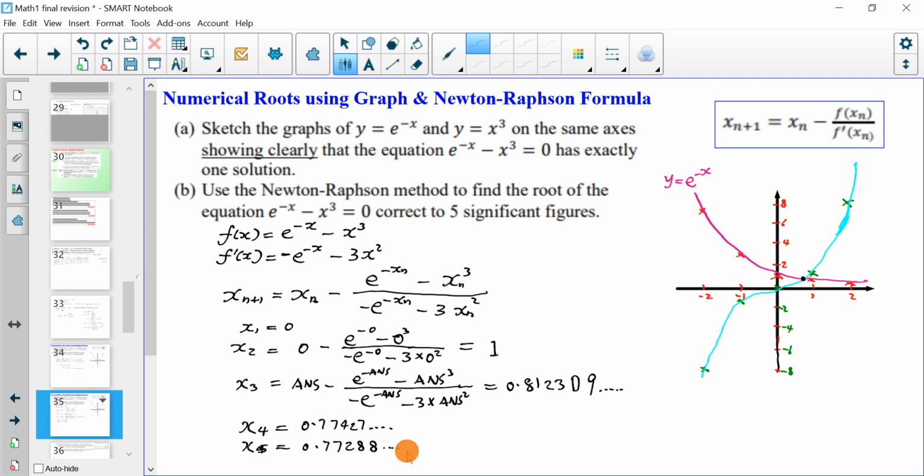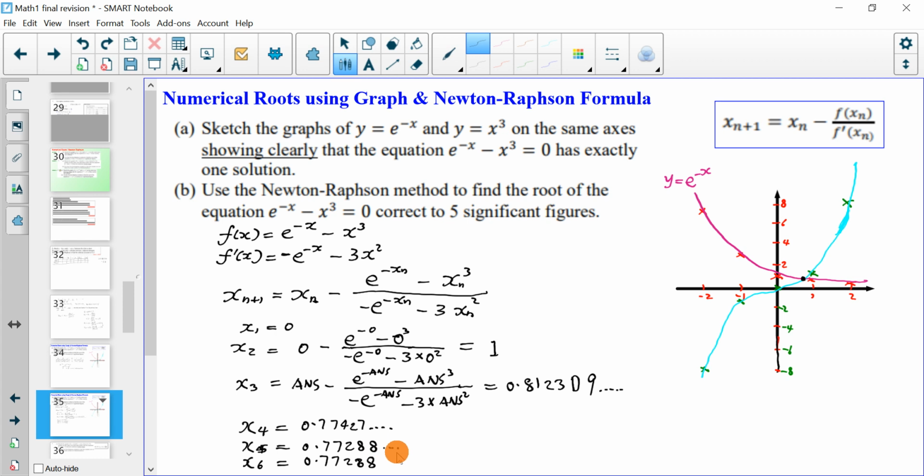Okay, it's looking like the gap is narrowing between one answer and the next. They're getting very close now to each other. So I will do that again. X6, press my equal button. I have again obtained 0.77228.